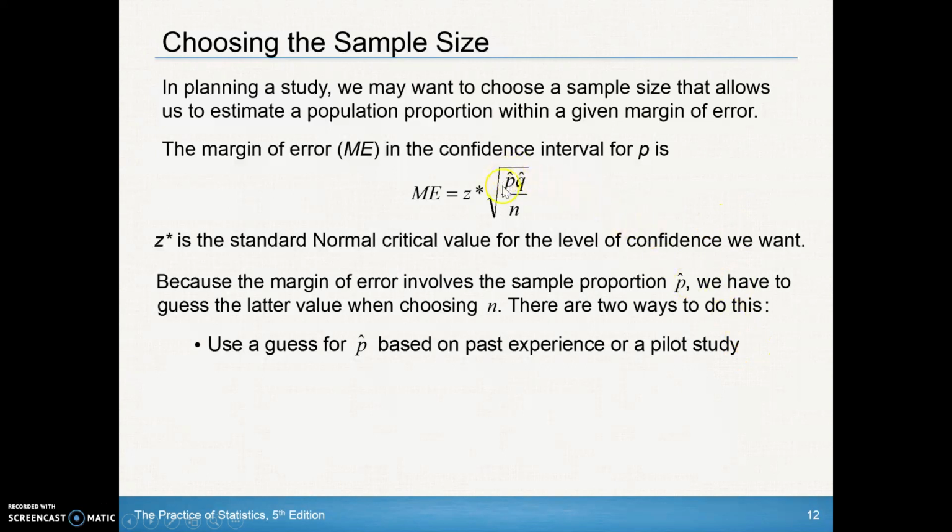So maybe somebody did a study before and found that their sample proportion, their p hat, their estimate is maybe 30%. So then we could say that this is 0.3. But many times we don't have that information. So it is simply best to guess right smack dab down the middle and guess 0.5. This will give us the largest margin of error when we're guessing, if we guess 0.5 right here.